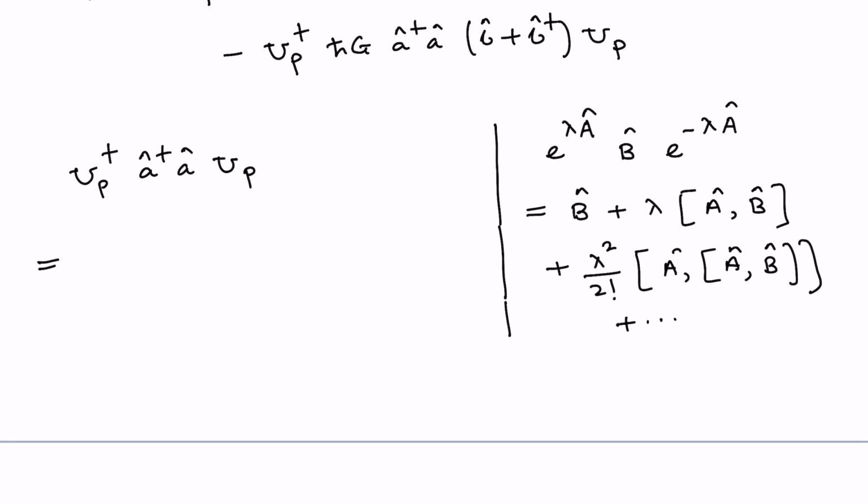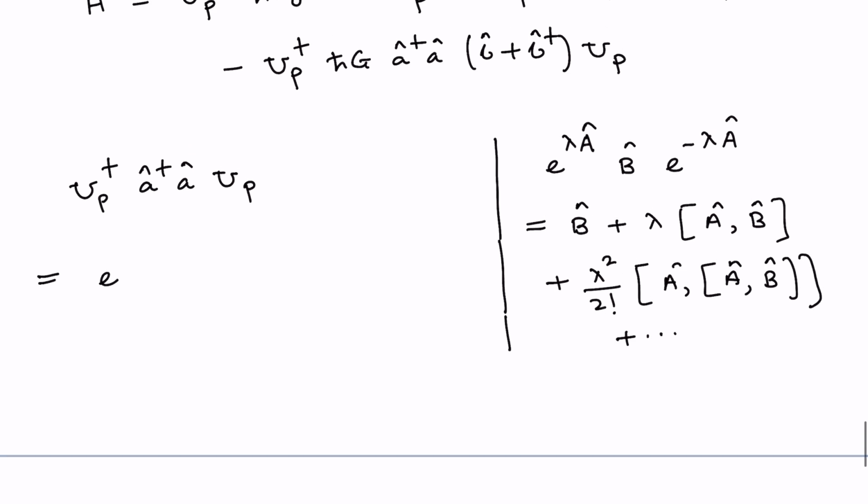Here let me now write U_P†, which is going to be e^((Z/Ω_m) a†a (b − b†)), because U_P has (b† − b), and U_P† has (b − b†).